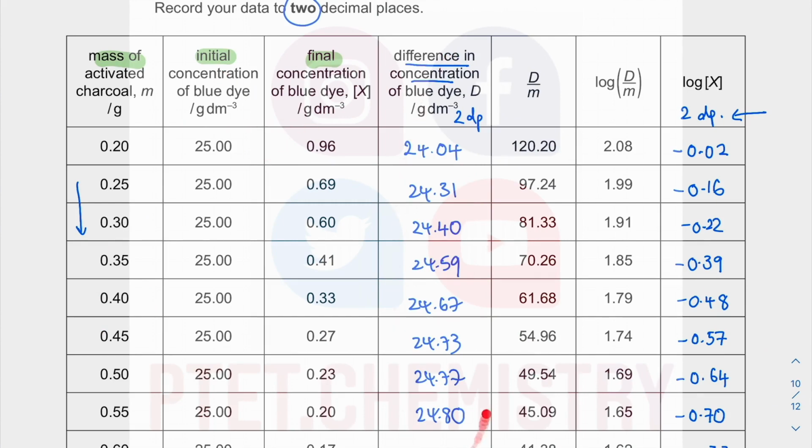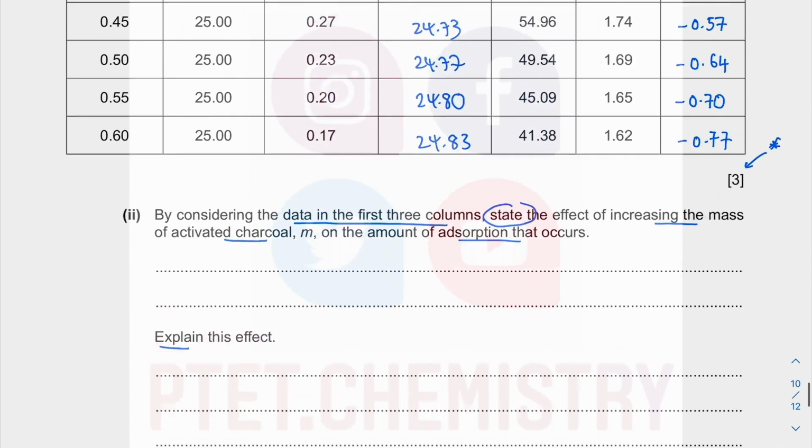You should use whatever you have calculated, which is the difference in concentration. It started with 25, you end up with this, meaning this much has gone onto the charcoal. So this is however much had adsorbed onto the charcoal. So with more charcoal, there is more blue dye that had been adsorbed. How can you see that? As there is more and more activated charcoal, there is more and more blue dye adsorbed because you get lesser and lesser final concentration of blue dye.